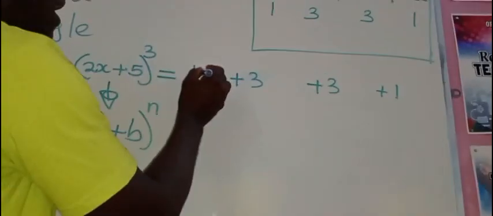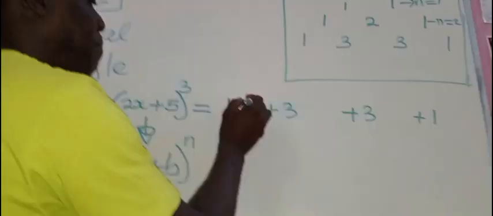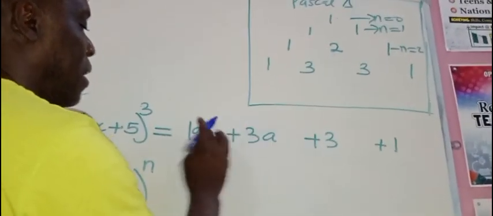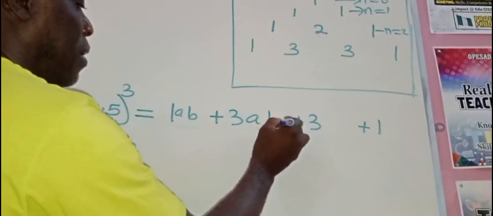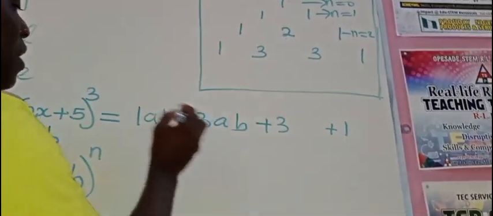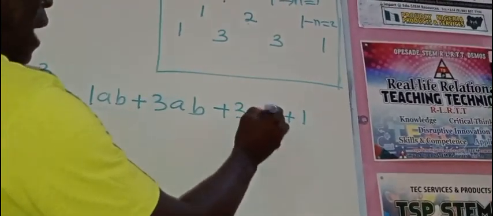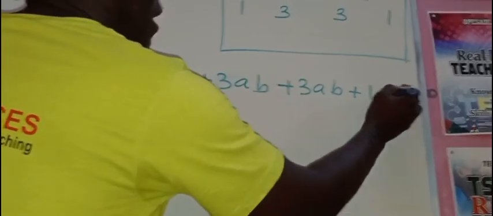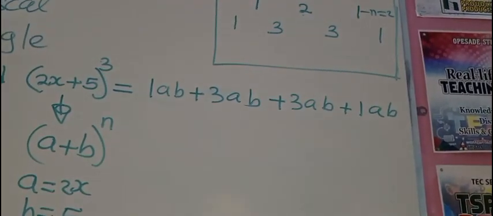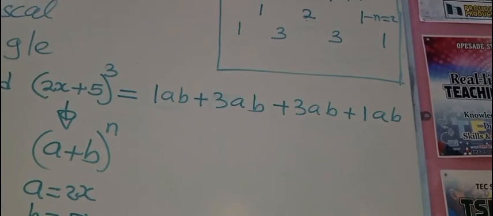Then in front, you put A and B. Let me space it so that it will be clear. You put A and B in front of each of the coefficients. Do you understand the method?